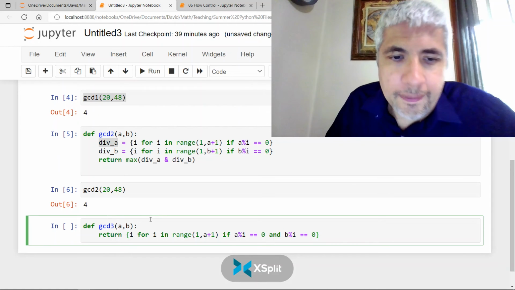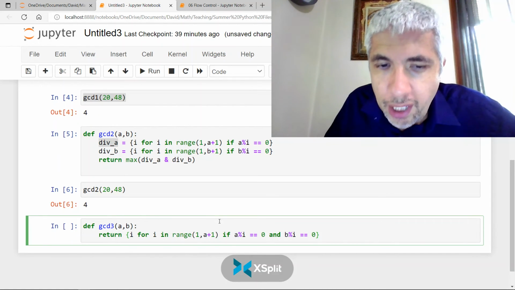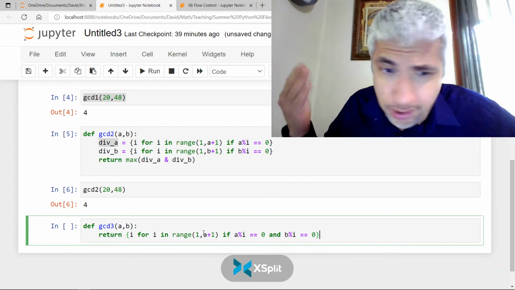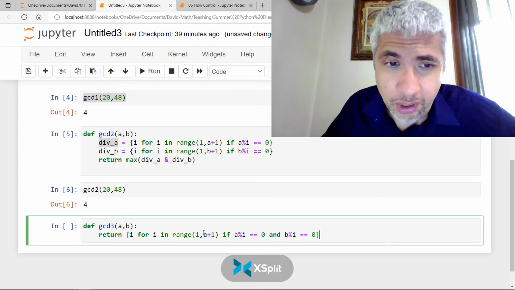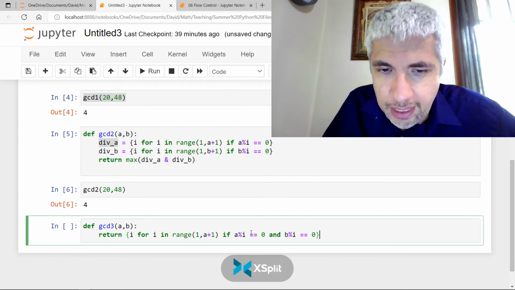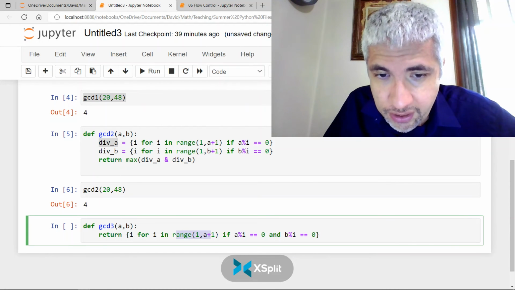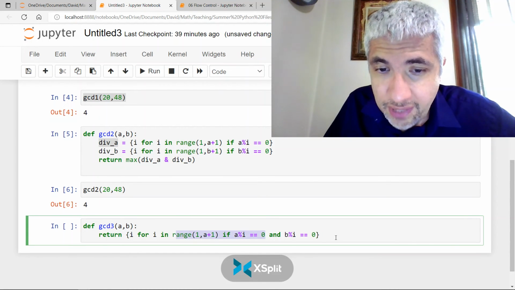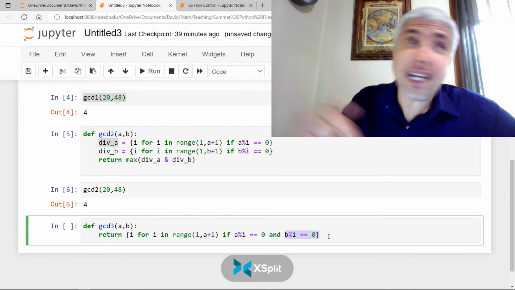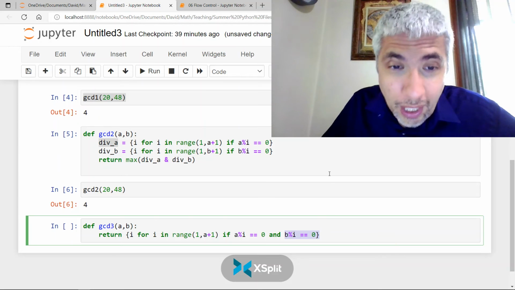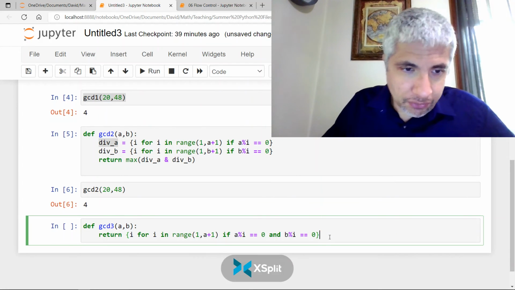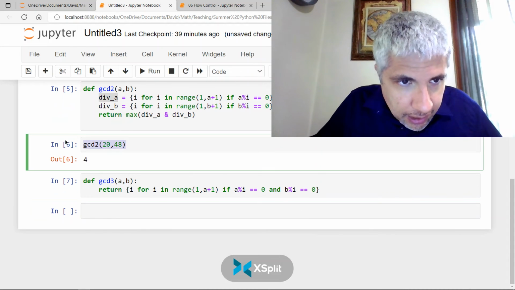So basically, I'm going to go through all the possible divisors of A. I don't know whether A or B is larger. Maybe A is the larger one, maybe A is the smaller one. The other function worked for both. Why not this? And what I'm going to do is I'm going to quickly check through the divisors of A, but while I'm checking the divisors of A, I also check for divisibility by B, because I know I have to divide both of them anyway. So why compute these two things at once? I just run through once. And this is going to be a faster way of doing it.